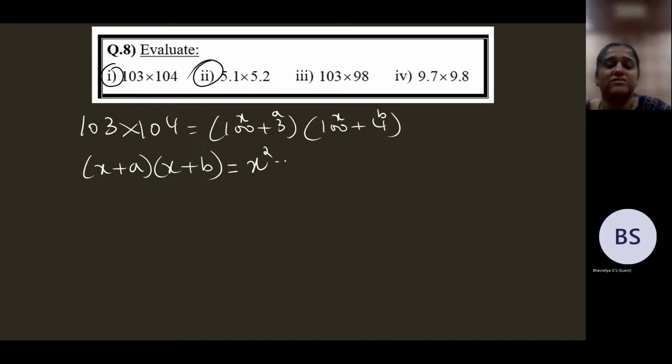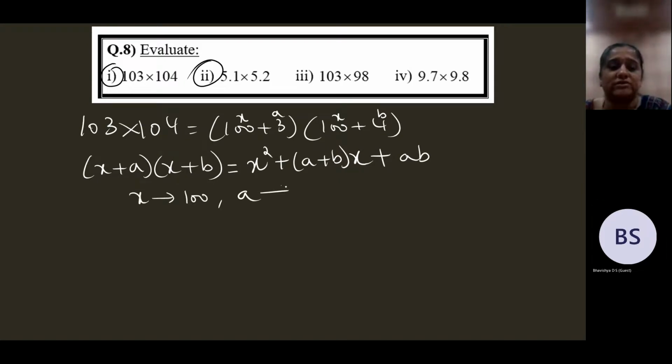X squared plus a plus b of x plus ab, where your x is 100, a is 3, b is 4.